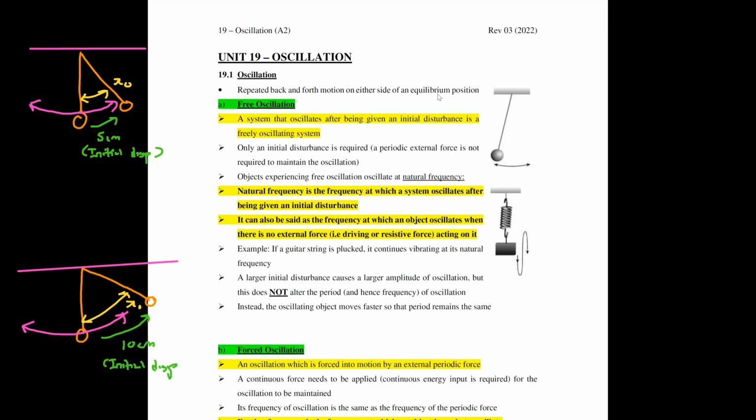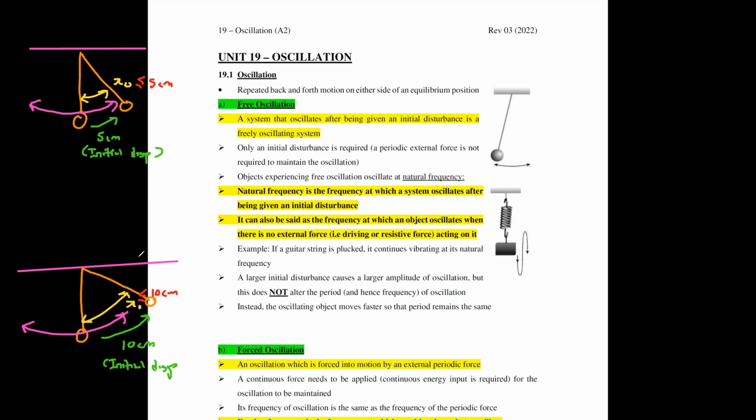I did mention that your maximum possible amplitude will never be more than your initial displacement. So your x0 here will be equal to 5 centimeter or less than that. This one also the same: it will be equal to 10 centimeter or less than that, but never more than the initial displacement.